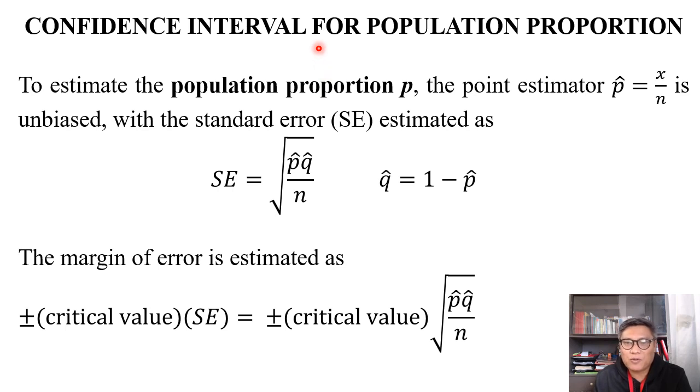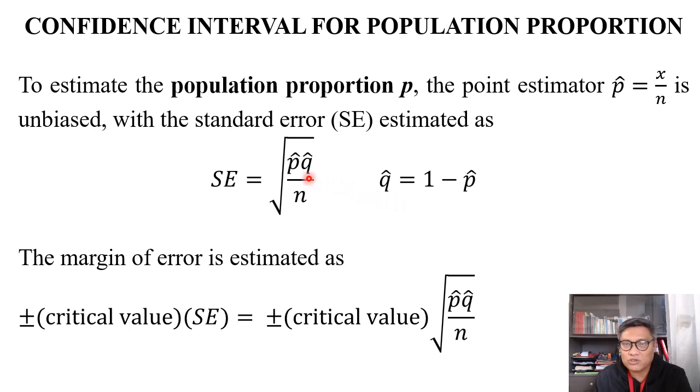So for the population proportion, class, to estimate the population proportion P, the small p, we need the point estimator, the proportion, which we just call p hat, equals x all over n, which is unbiased, with the standard error of the square root of the product of your point estimator and the q hat, divided by your n. This q hat is actually the complement of your p hat, meaning if your p, in terms of percent, is 25%, then your q is 75%.